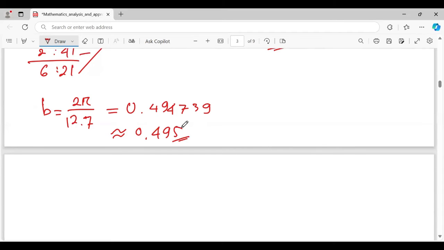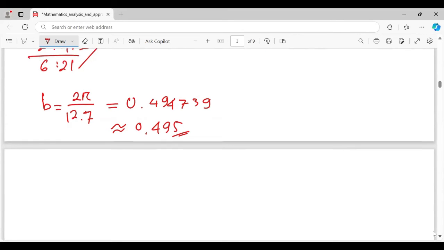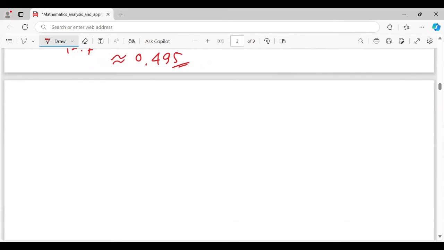Now, C. C is the mean of the time between low tide and high tide. It means half of the low tide time plus the high tide time.